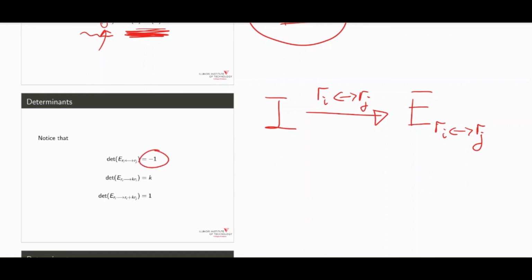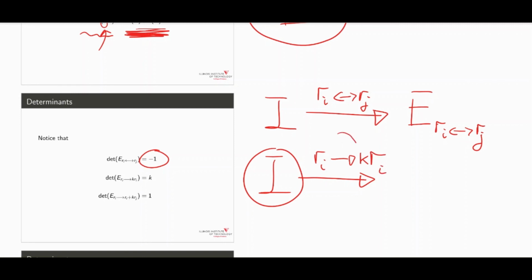We know that. And if you do an elementary row operation on the identity matrix by taking, let's say, row i and multiplying row i by k, remember that when we do elementary row operations, this k here cannot be 0.